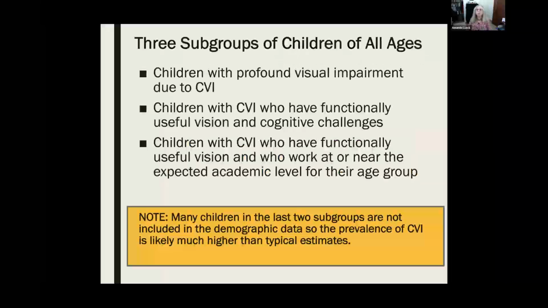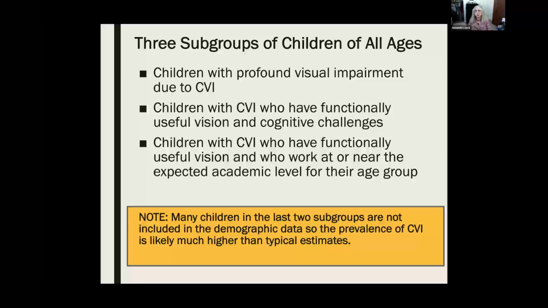The 3 subgroups of children, and it affects children of all ages, are children with profound visual impairment due to CVI. Now, when we first started thinking about CVI, our field was looking at children who had profound visual impairment. They couldn't see, and we didn't understand why they couldn't see, and we wanted to understand, and we called that cortical visual impairment.